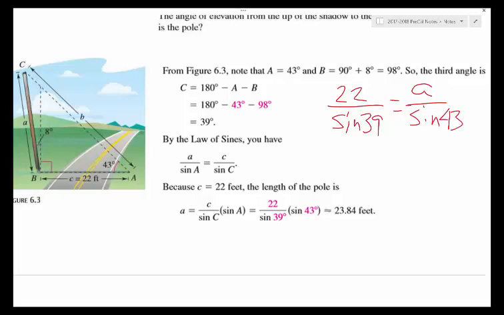Remember, little a is across from big A, or angle A, they're across from each other, and the c's are across from each other. So if I knew that this one was 39, then I can set it up like so, cross multiply and divide, and you're good to go.